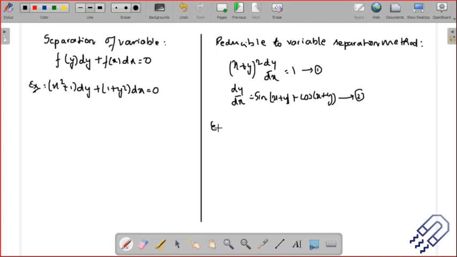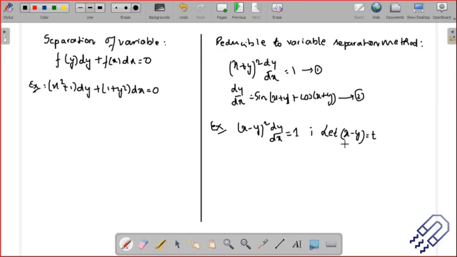So this is very simple. What you do is you take x minus y. I'll take an example now. Let's solve it. Let's say (x minus y) whole square dy dx is equal to 1, or I can take x plus y also, I think it's the same thing. So here what we will do is we'll take, let x minus y is equal to t.